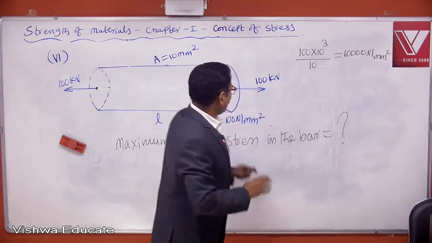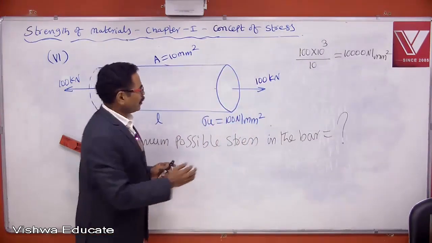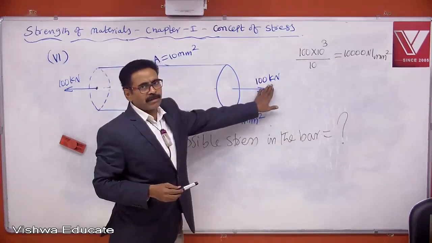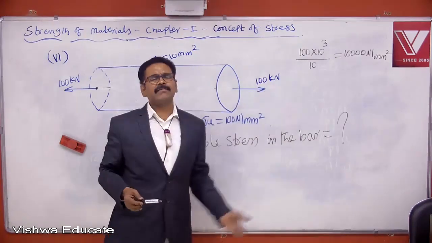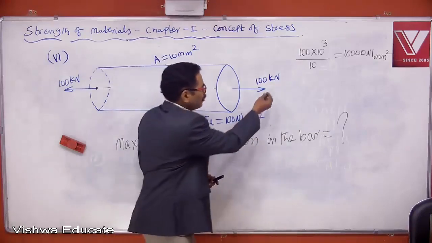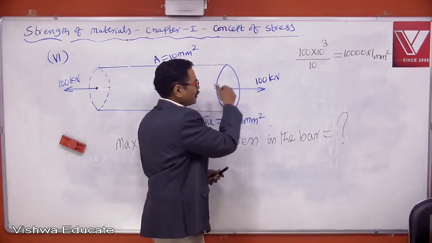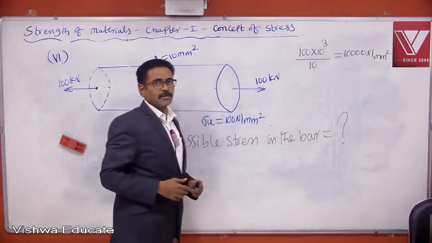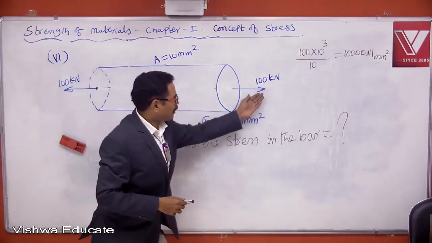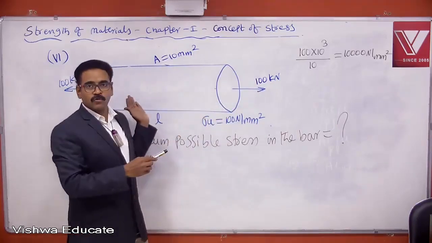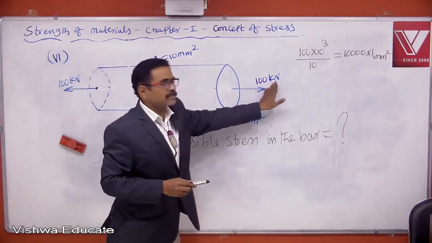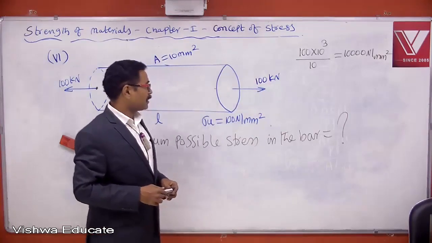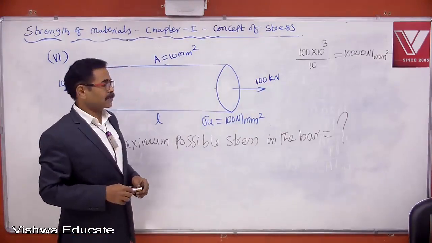Again I am saying, in SOM we are using gradually applied load. All of a sudden you don't apply this load. Gradually you will apply load: first 0, 1, 2, 3, 4, 5, 10 newtons, 13, 14, 16, 100, 1000, like that. When a particular load is reached, this bar will break into two parts. Theoretically they may put 100 kilonewtons, but it cannot carry this load.